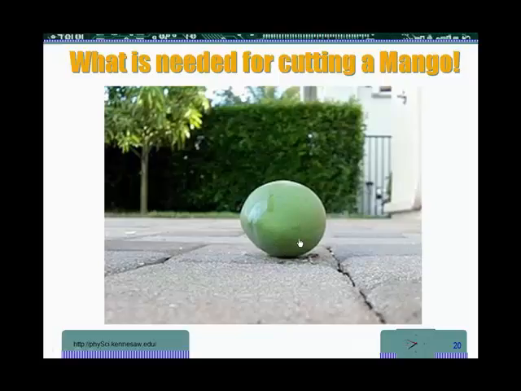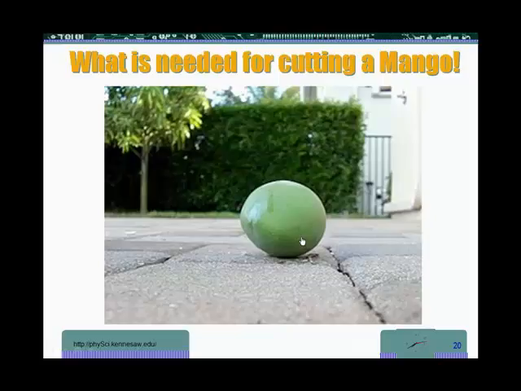I can accomplish that by starting with a cutting device that has a large mass and a large velocity. So it's going to come hitting it with a large momentum, and then the mango is going to stop it, so that cutting device is going to have a final zero momentum.